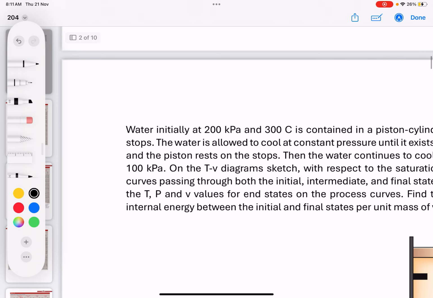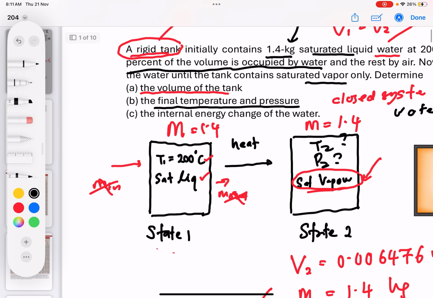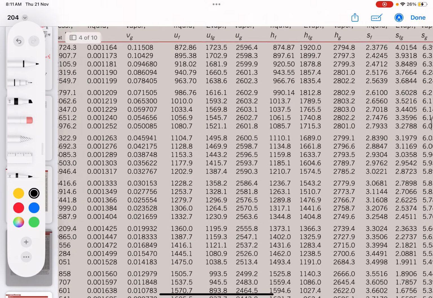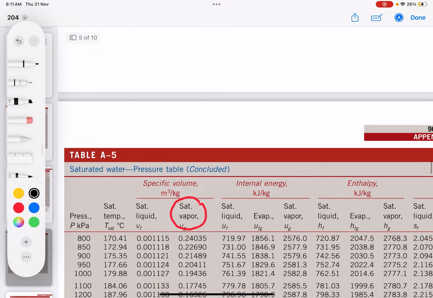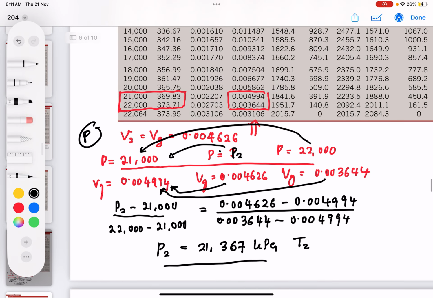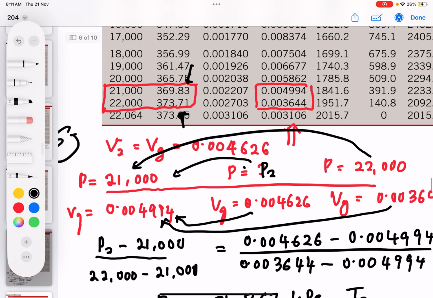Once we have completed that one, we actually have to use it for the internal energy. For the internal energy, I have to do another interpolation, because before this we have done interpolation for pressure, and then we have to redo the interpolation for temperatures, because the temperature data should be here, and then the answer should be in between 369 to 373.